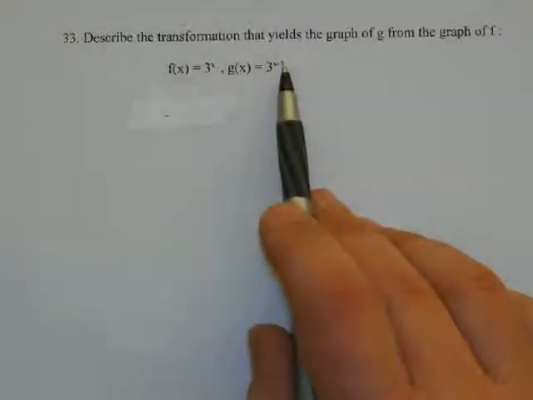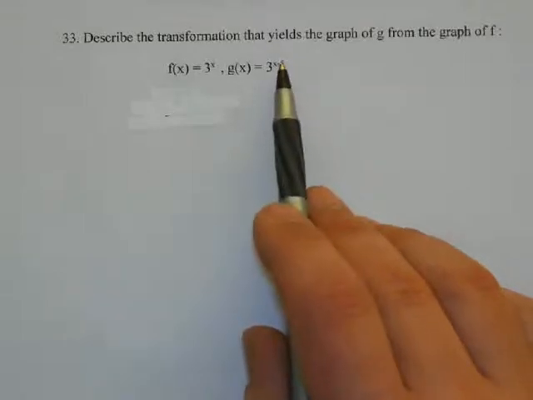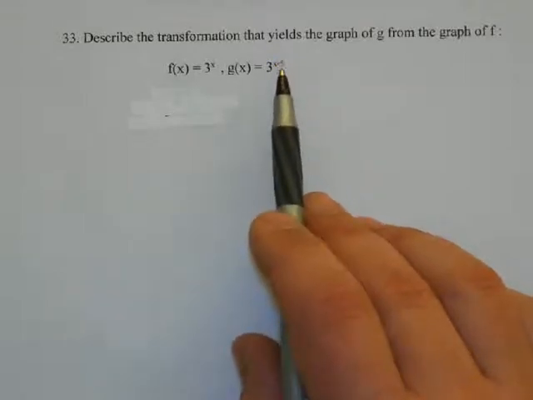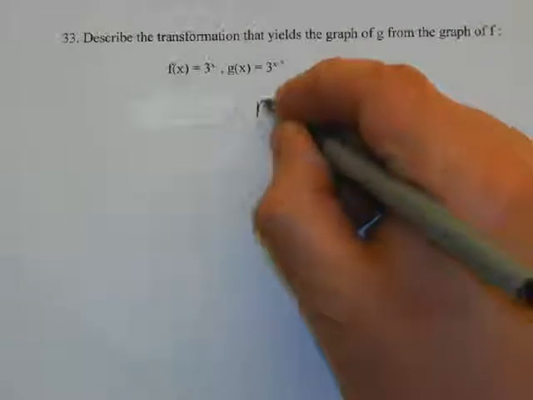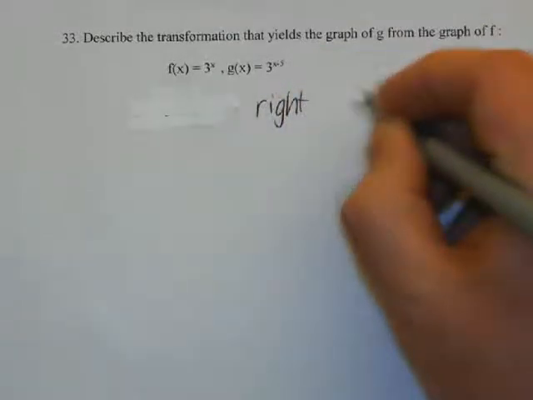Okay, number 33. Describe the transformation. So we see this x minus 5 here. Now it's in the function itself, so what that's going to do is shift to the right 5 units.